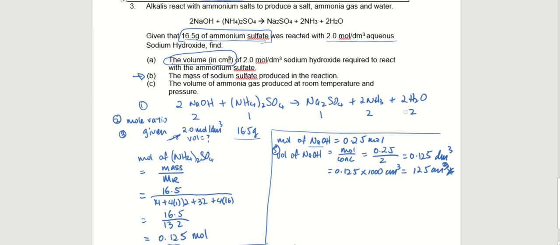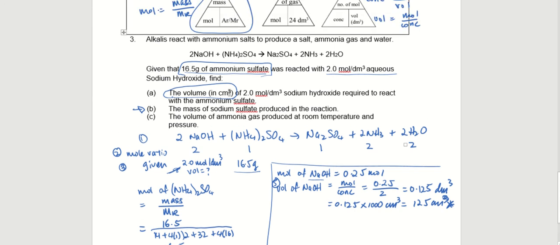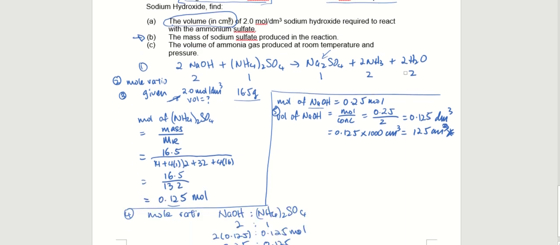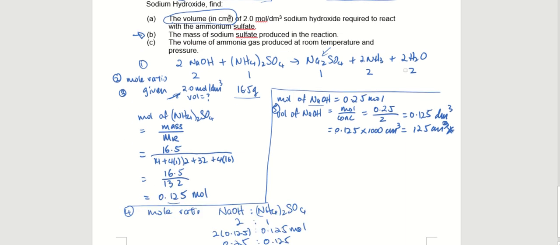The mass of sodium sulfate produced in the reaction. We are now looking for the mass of sodium sulfate. Now, we know that the mole ratio of ammonium sulfate to sodium sulfate is 1 to 1, right? Given from the mole ratio in step 2. 1 mole of ammonium sulfate reacts to form 1 mole of sodium sulfate.